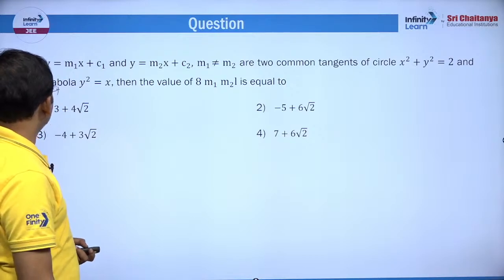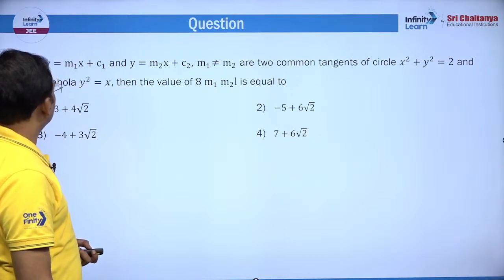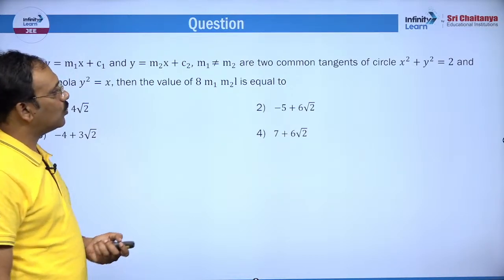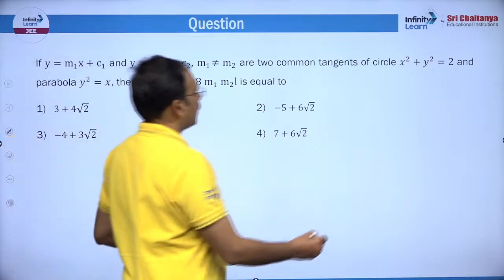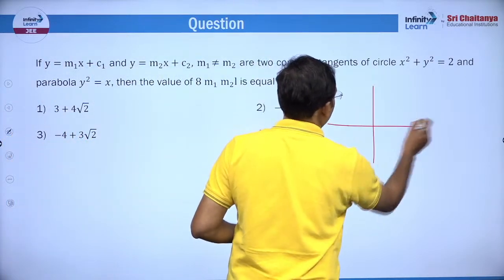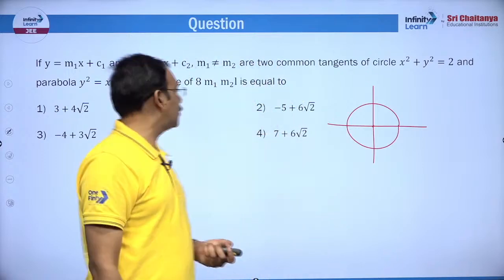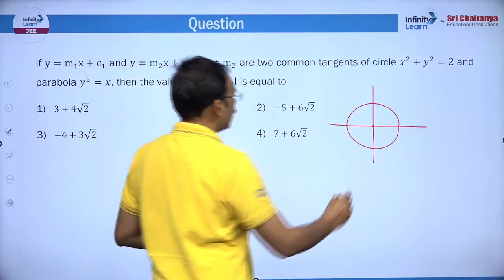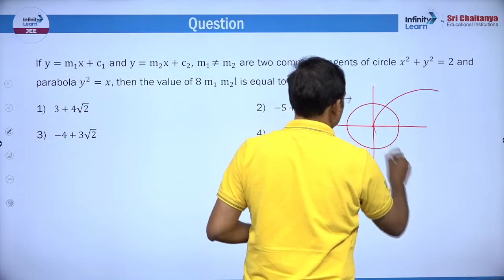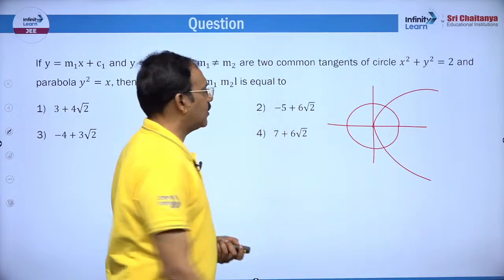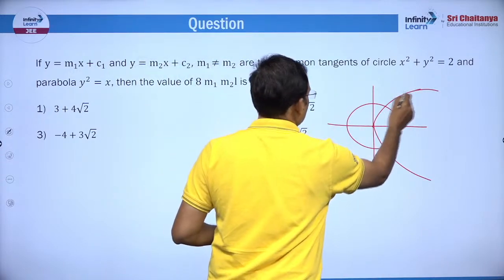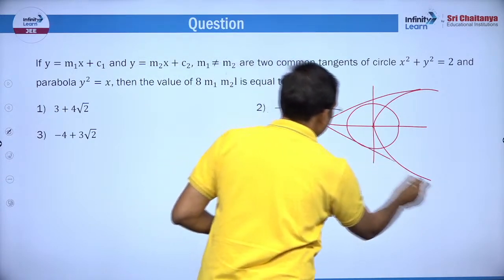Next, my dear friends, you see m1, m2, two lines are given, which are two common tangents to a circle and parabola. You see x square plus y square is equal to 2 is a circle with center 0, 0, radius root 2, y square is equal to 4x is a parabola. Now, there are some common tangents you will have like this and like this.